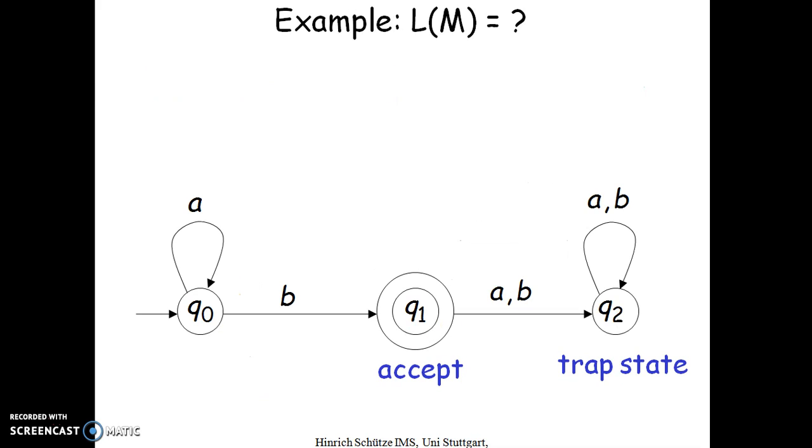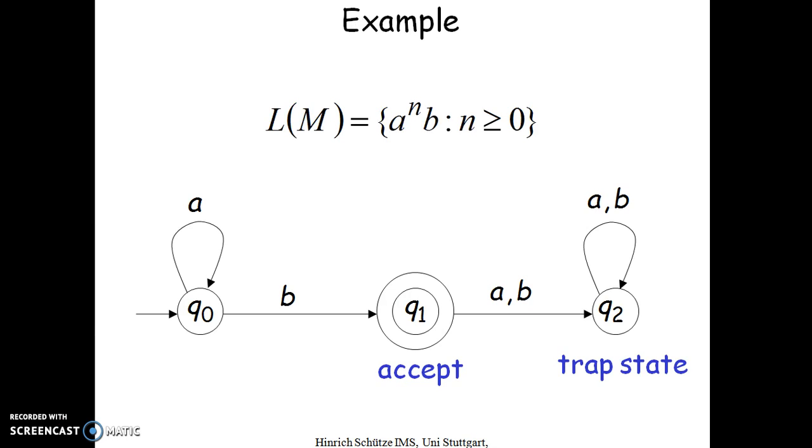Next, what is the language of this particular automata? Here, I have a loop, where I can read any number of A's followed by B, followed by AB, and followed by any number of AB's.